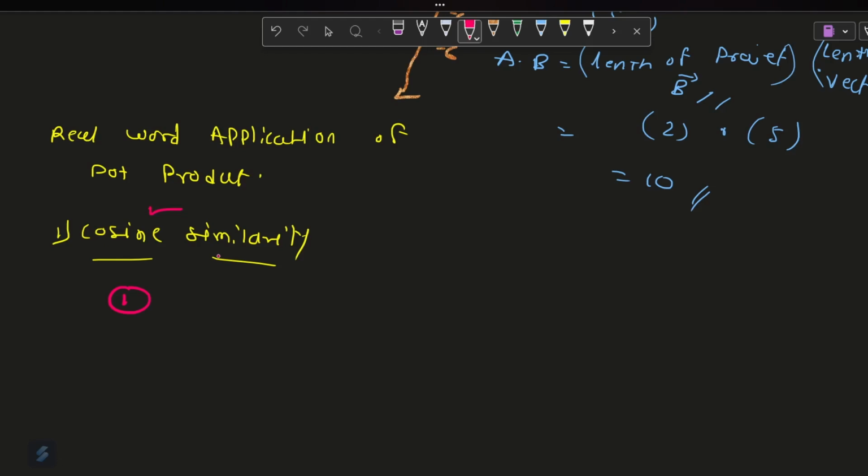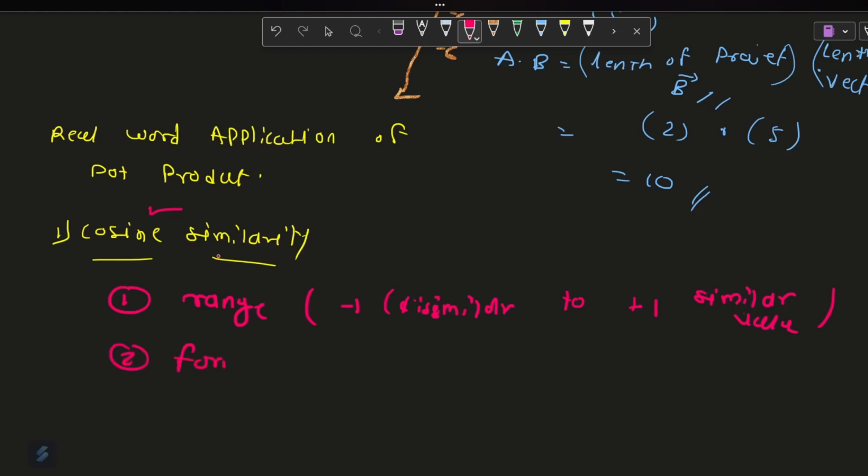Cosine similarity ranges from -1, meaning dissimilar, to +1, meaning similar.